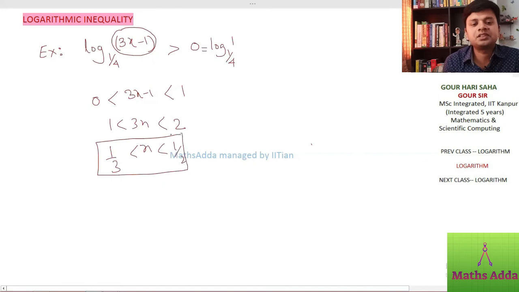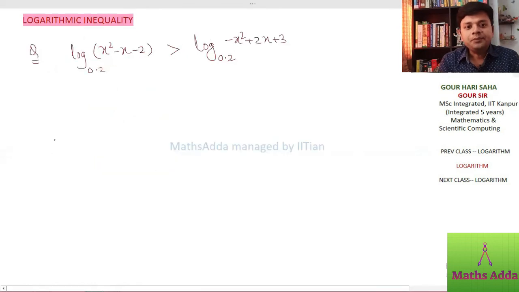This was an easy question, so it was done easily. Now let us see the next inequality. Log of (x square minus x minus 2) base 0.2 is greater than log of (minus x square plus 2x plus 3) base 0.2. How to solve it?